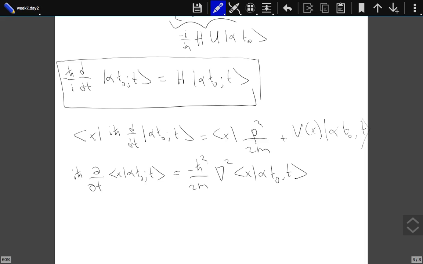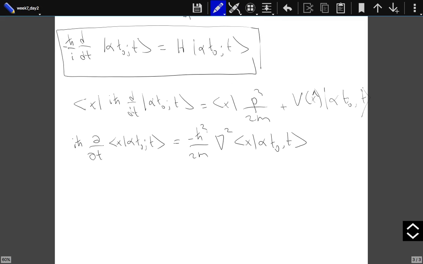The x inside V, inside the potential, is an operator, and the x in my bra is a number. So if you want to make the distinction more explicit, let me put a hat over there, meaning that it is an operator inside my potential. But that operator x hat acting on the ket x is just x multiplying the ket, because those kets are eigenkets of the position operator.